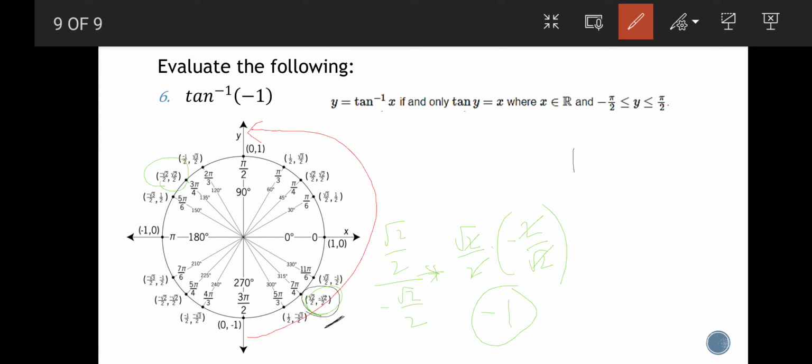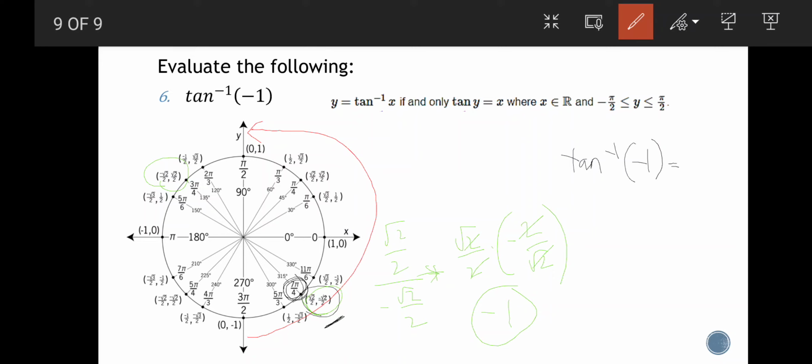So for arctangent of negative 1, take note, class, 7 pi over 4 is not within the range of our given function.